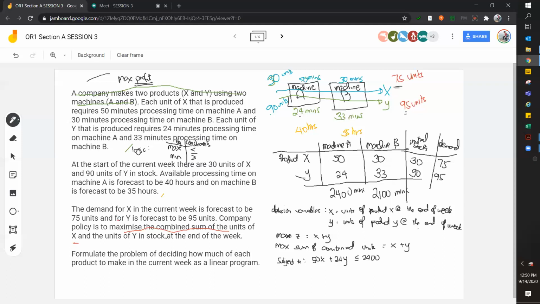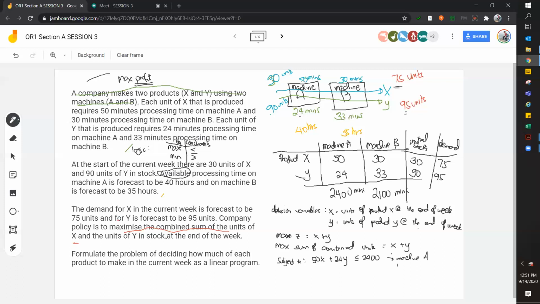And besides, nakalagay naman dito the capacity for availability. Ibig sabihin, hanggang dyan lang, hindi pwedeng mag-exceed yung processing dito sa machine A. So that is why it is less than or equal.